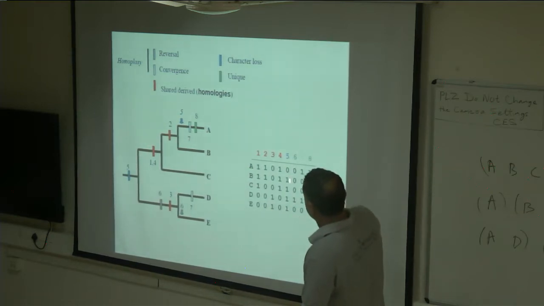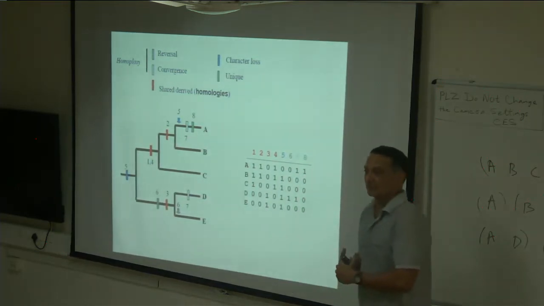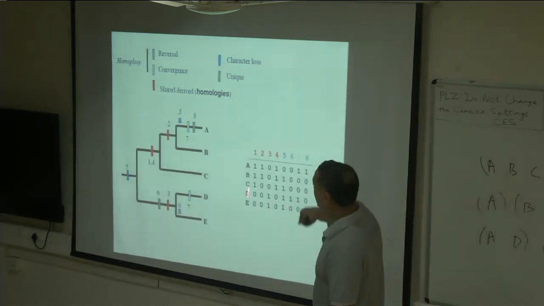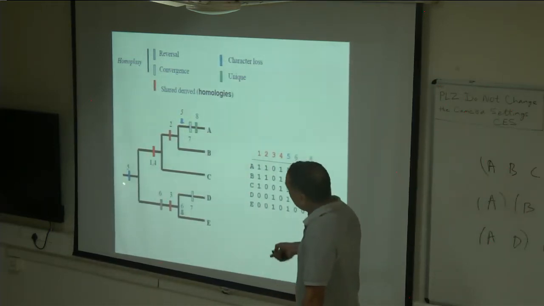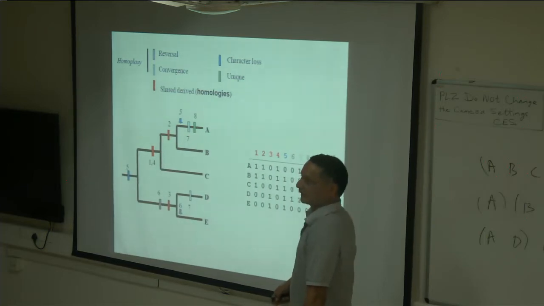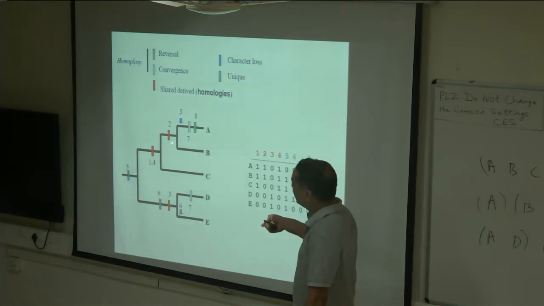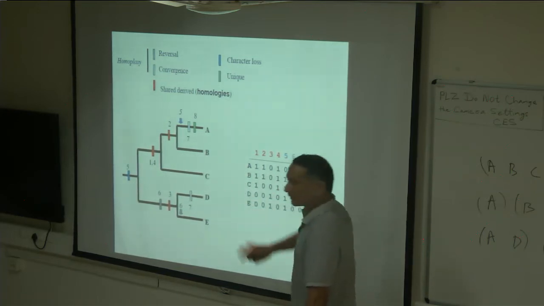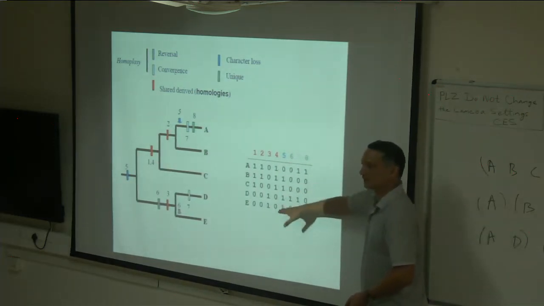And 5 is most likely a loss along A. So this character was present in the common ancestor of all the species and it was lost on the lineage leading to A. Okay, now if we count up all these changes, what do you get? 1, 2, 3, 4, 5, 6, 7, 8, 9, 10, 11 changes. So this tree needs 11 changes to explain this character matrix.